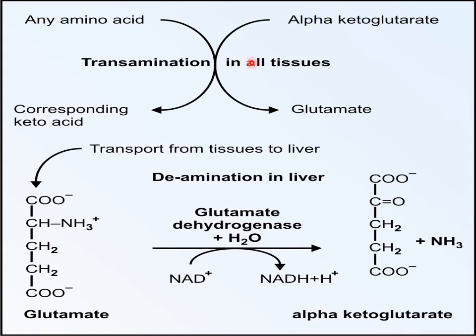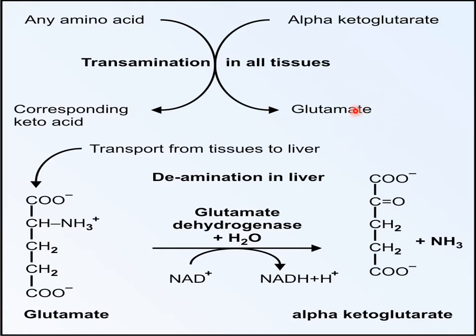So here there is the transdeamination reaction. Any amino acid undergoes transamination and is converted into a keto acid, and alpha ketoglutarate is converted into glutamic acid.